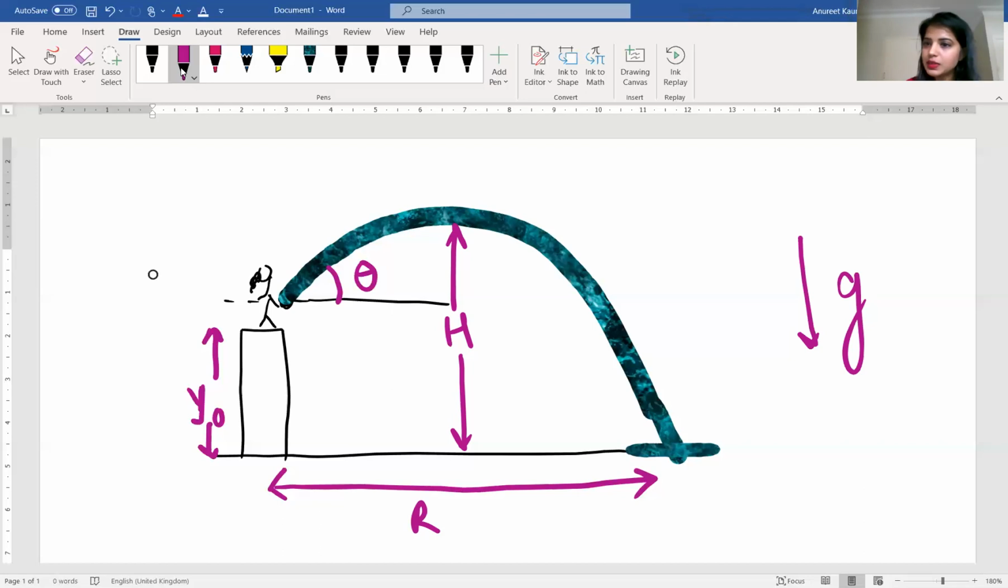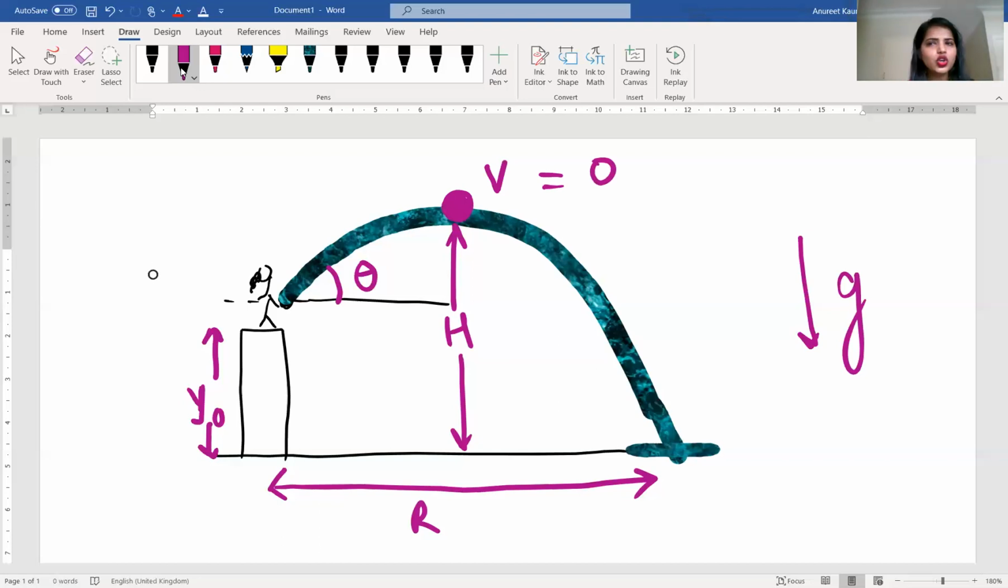So that means the speed decreases initially, and when it falls back towards the earth, its speed is going to increase. So that means at the top, where it reaches the maximum height, my velocity is going to be 0.